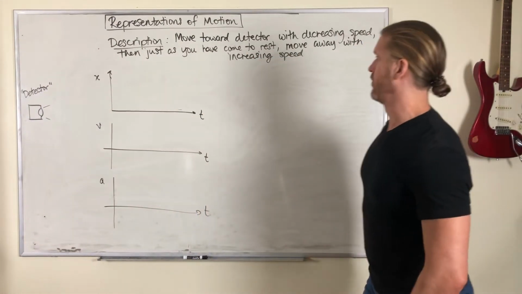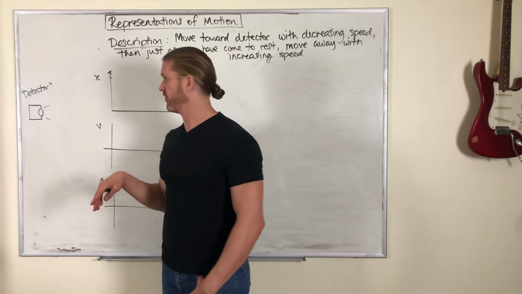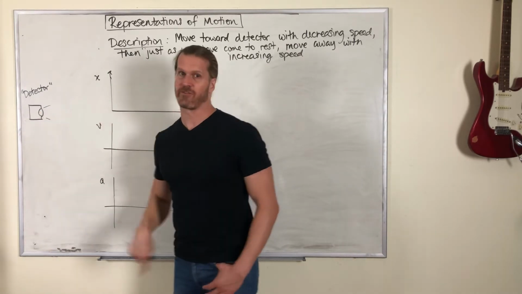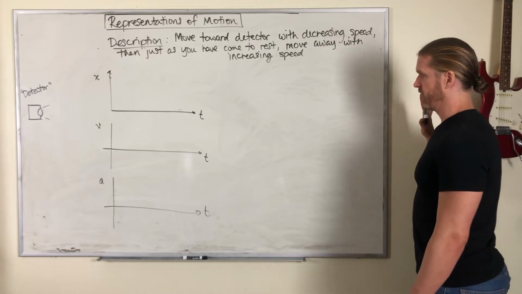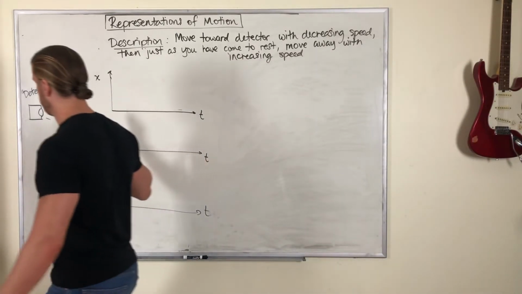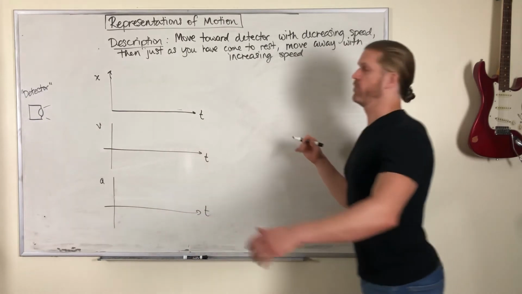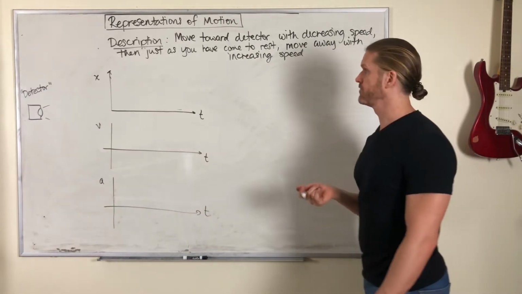Okay, so let me just demonstrate what that motion looks like. If we imagine the detector's here, then we would move toward the detector, initially fast, and then slowing down, come to a stop, and move away with increasing speed.